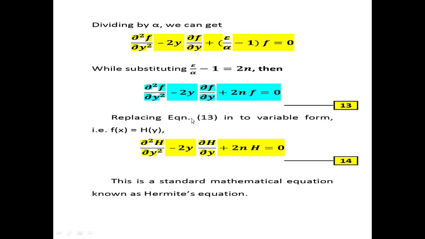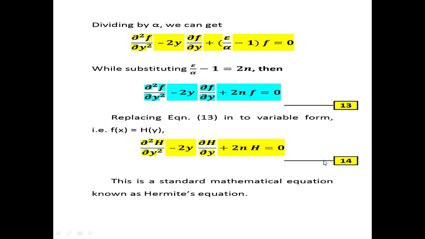Now while we are replacing equation number 13 into variable form, because f is the wave function, if we replace it with the Hermite polynomial as h of y, so f of x equal to h of y, we get the final second order Hermite polynomial equation for the linear harmonic oscillator as dou squared h by dou y squared minus 2y into dou h by dou y plus 2n times h equal to 0.